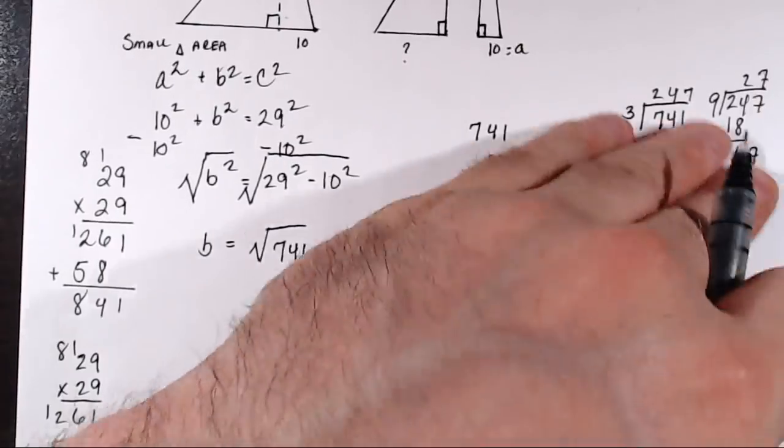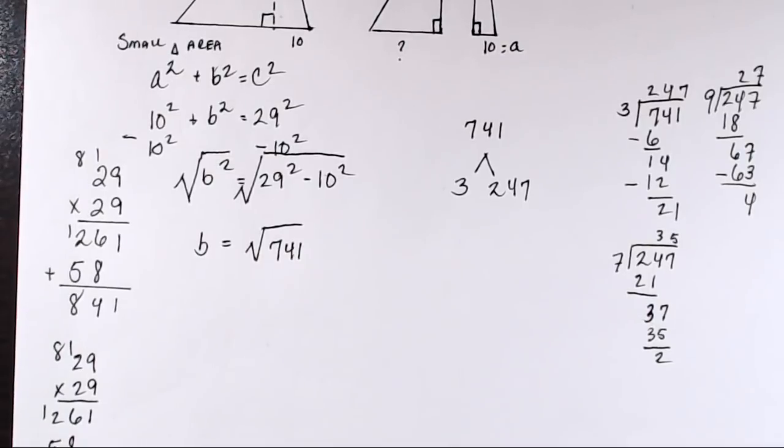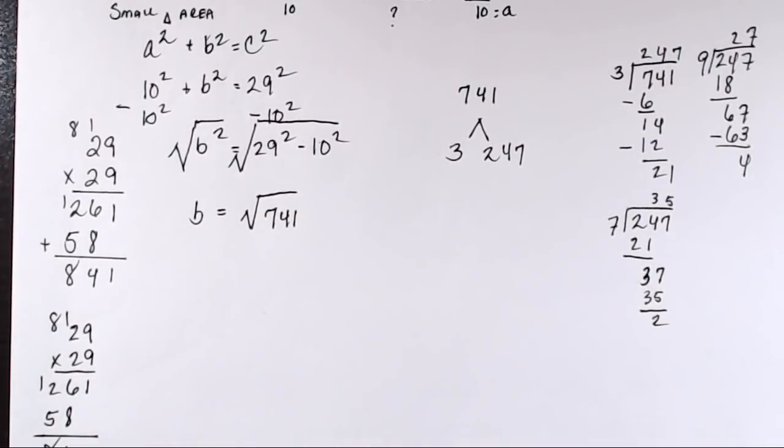So what I'm doing over here is I'm discovering that 247 feels like prime-ish. Okay, so I don't think that there's really any way to break down that number. So we have to take the square root of 741, and there's no way around using a calculator to do it.